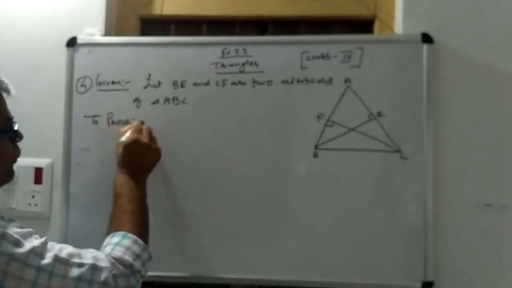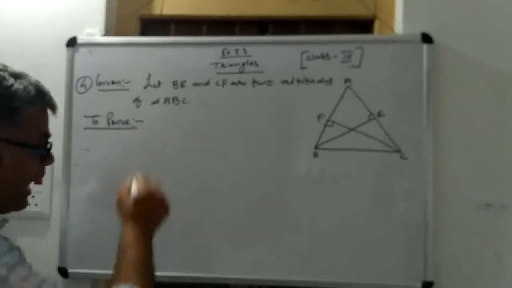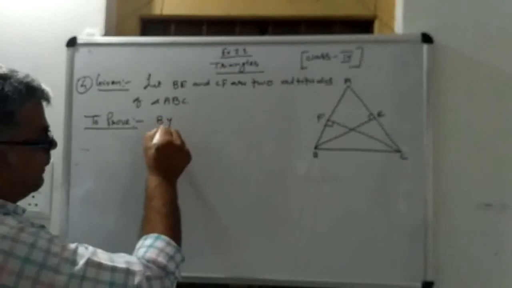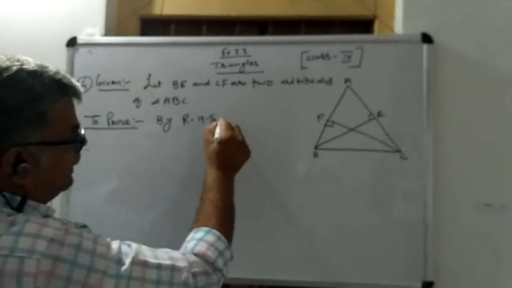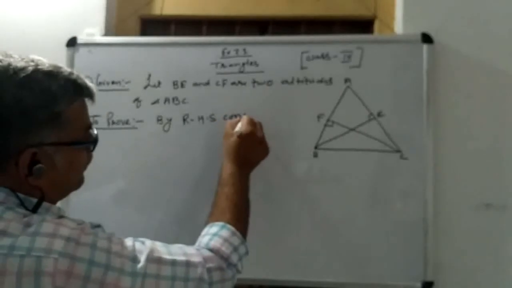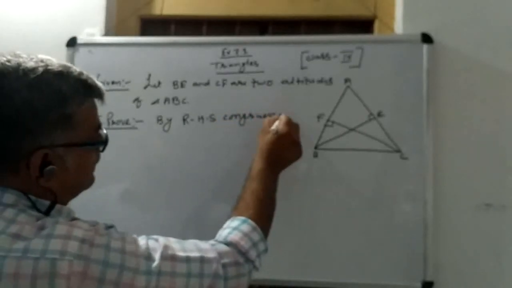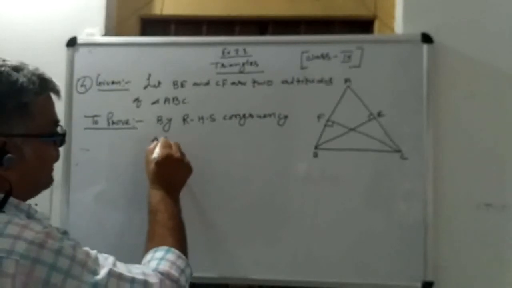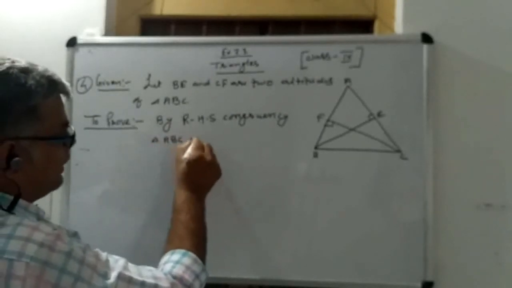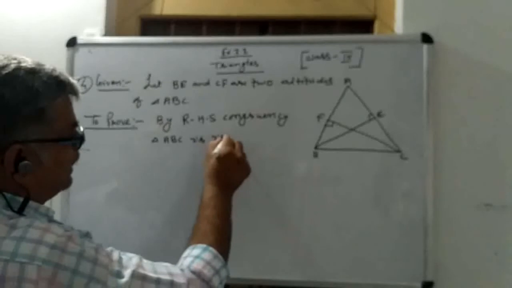We need to prove by RHS congruency that triangle ABC is isosceles.